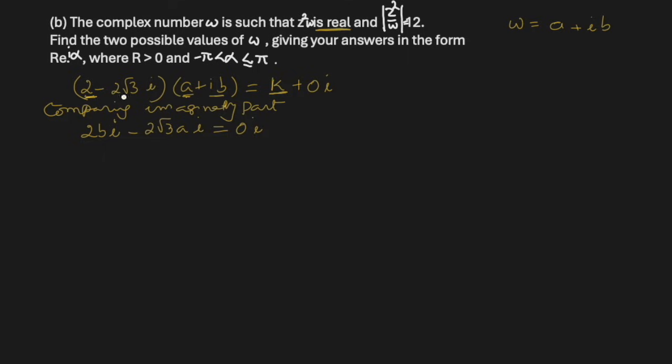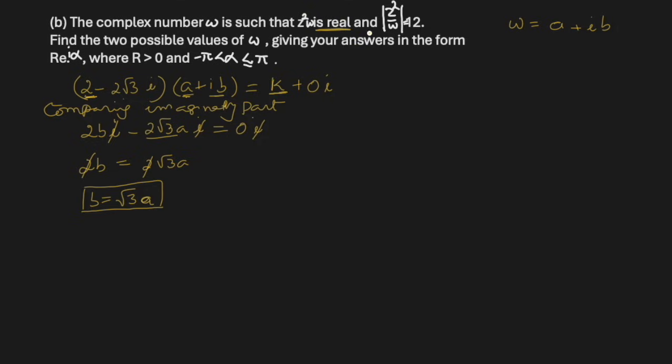So the imaginary part on this left side should also be equal to 0. So we'll ignore i's and we get this. Let me make this one positive, okay? So 2b equal to 2 square root 3 a, if I bring it to the right side, and 2 and 2 can cancel from both sides. So b is equal to square root 3 a. This is one relationship that will help us in the rest of the part.